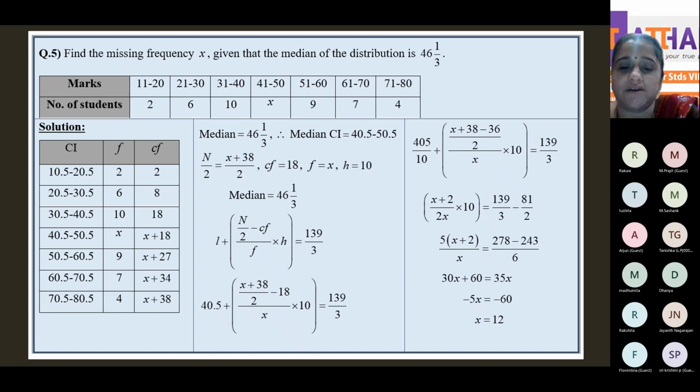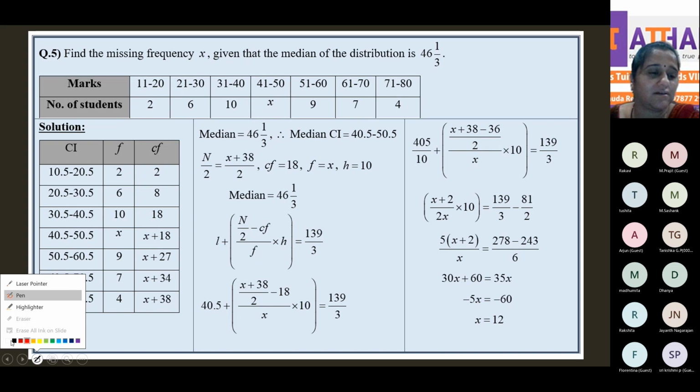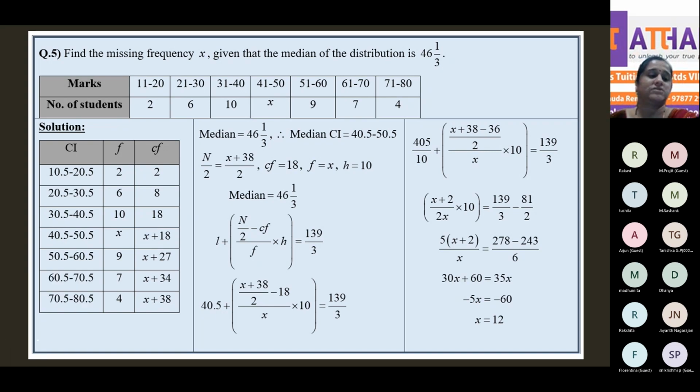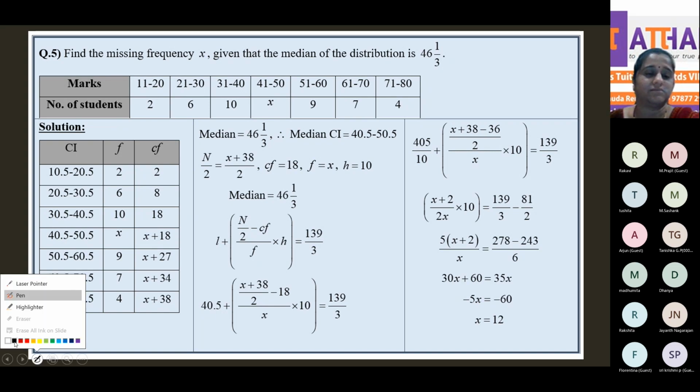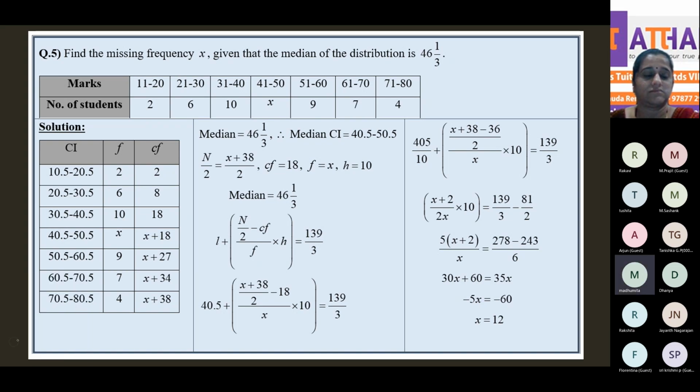Okay, fine. I'm getting 12. I think this one, the other day, Madhumita asked me in the class. I remember she asked me, and yeah, this is the answer. Okay, ma'am. Yeah, x is 12.